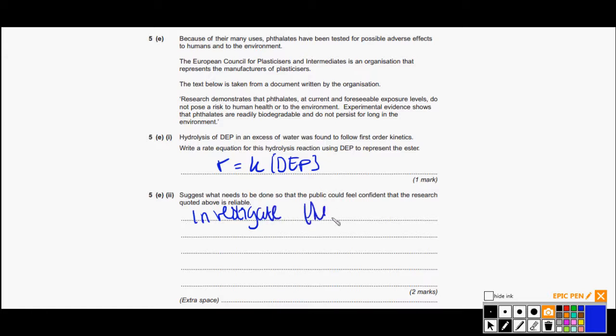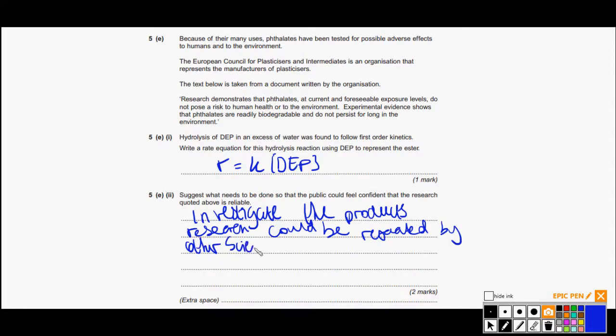You could write the research could be repeated by other scientists, and over a long period of time. And you could also write results published.